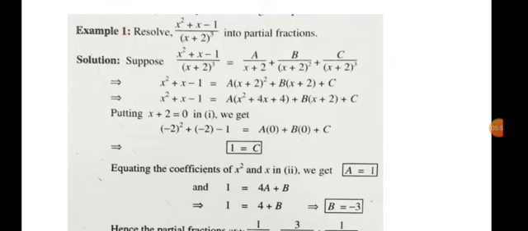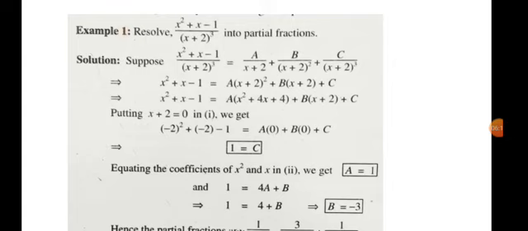When we solve this equation, we will get c is equal to 1, because the square of minus 2 is 4, and minus 2 minus 1 is minus 3, so 4 minus 3 is equal to 1. So the value of c is 1.